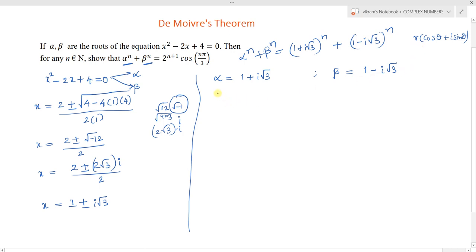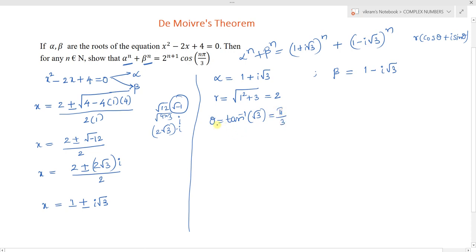So directly going over here, for this one, r is square root of real part 1 square plus root 3 whole square, which is 1 plus 3, that is 4, so we obtain r equals 2. And theta, it is in the first quadrant, so directly we can write theta equals tan inverse of b by a, that is root 3 by 1, which equals 60 degrees, that means pi by 3.